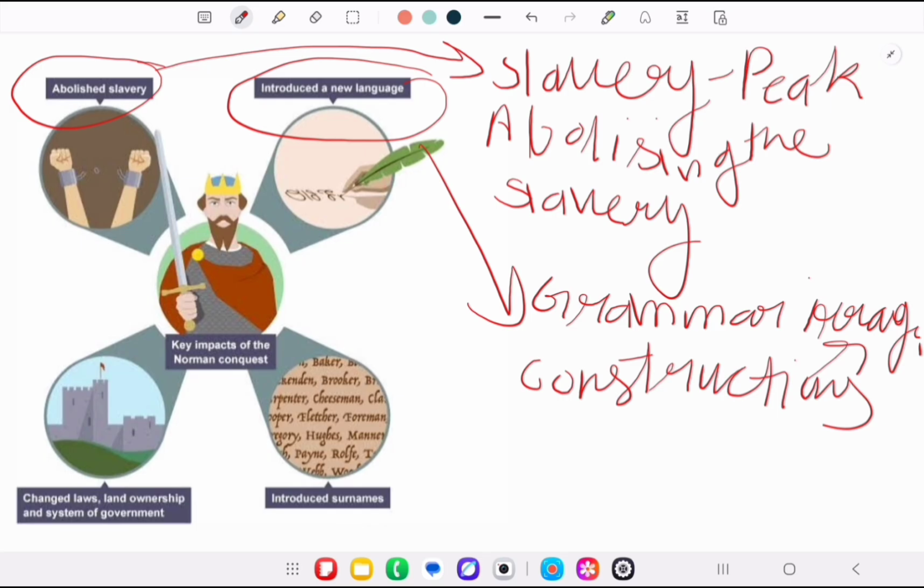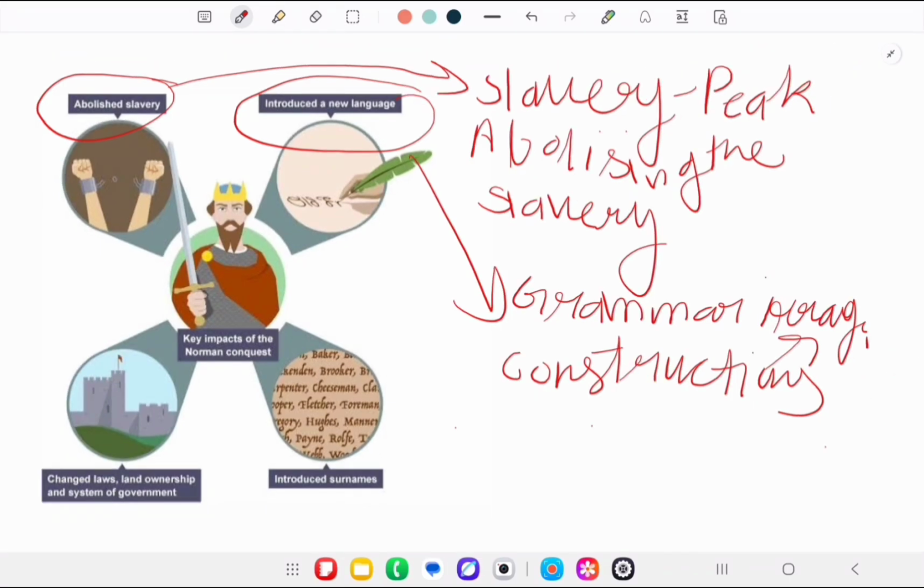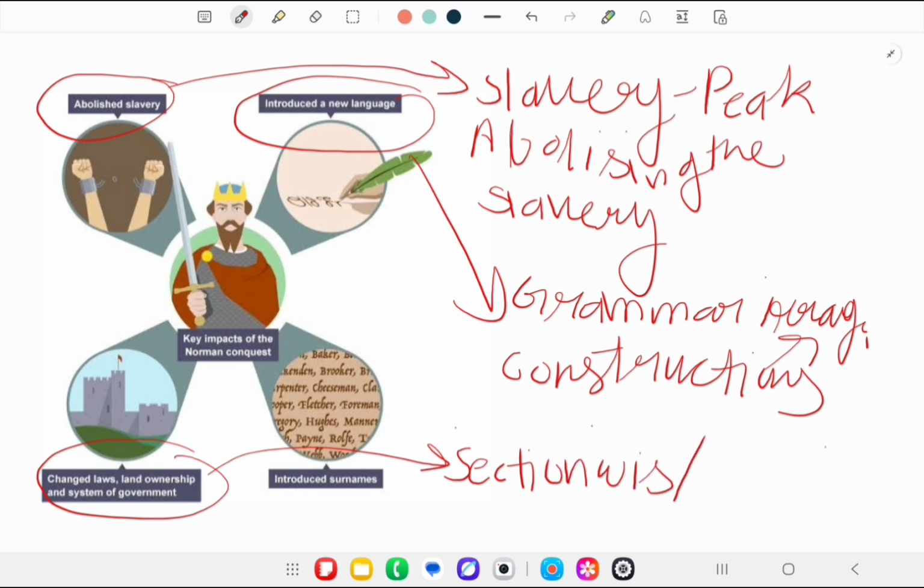In the Old English period, the kings were section wise, or we can say unit wise, and their laws were not better.